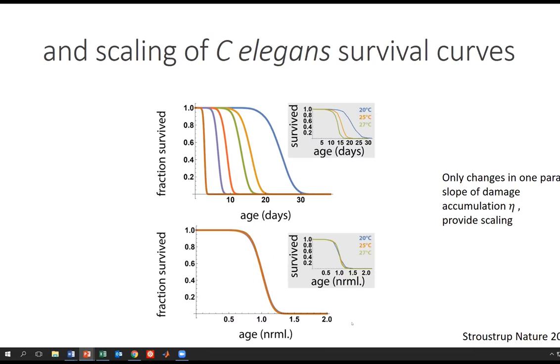So that goes back to the previous talk: if you get a different slope, that's a different parameter in the model being affected. If you get the same slope, just different longevity, it's this rate of damage accumulation according to this picture. So what I'm saying is there's a lot of experimental data that a simple model can capture, and it's unusual. Not many models can give you an exponential slope, etc.